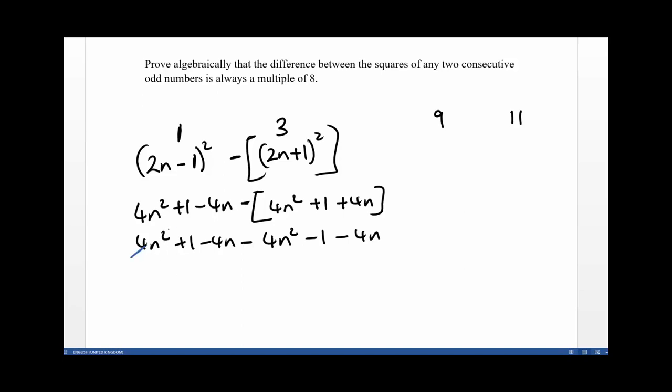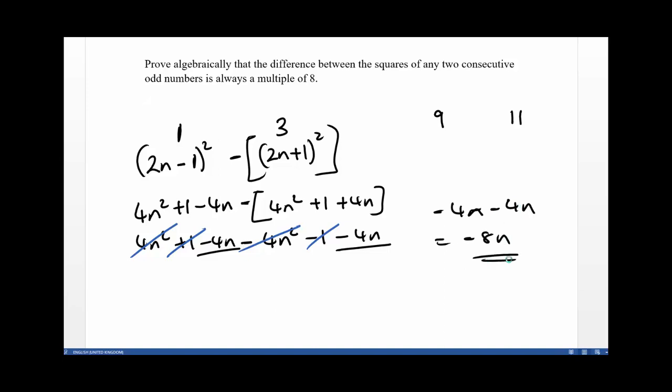Let's see what we can cancel. We can cancel the 4n squareds because they'll cancel out to give you 0. We can cancel out the 1s because they'll give you 0 as well. And what you're left with is minus 4n and minus 4n. Minus 4n minus 4n will give you minus 8n.